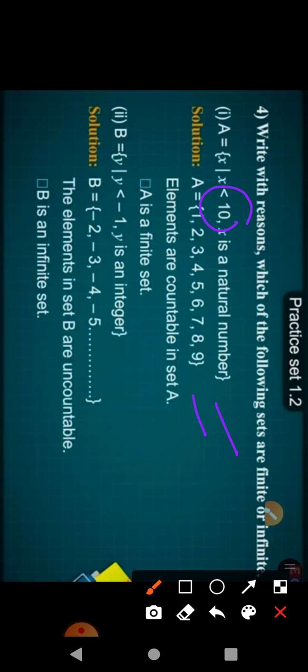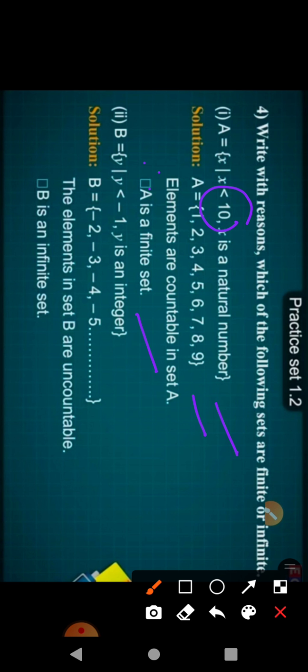We'll write {1, 2, 3, 4, 5, 6, 7, 8, 9}. Then we can write here elements are countable in set A, therefore set A is a finite set.